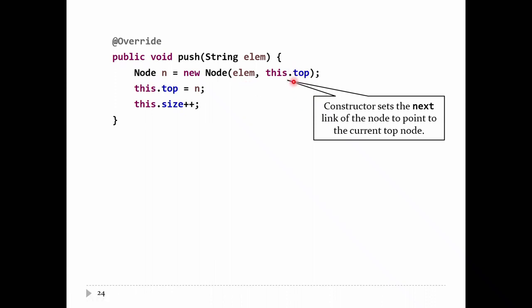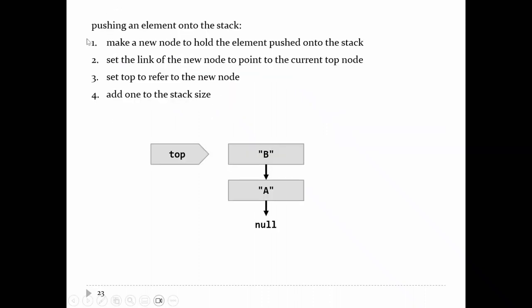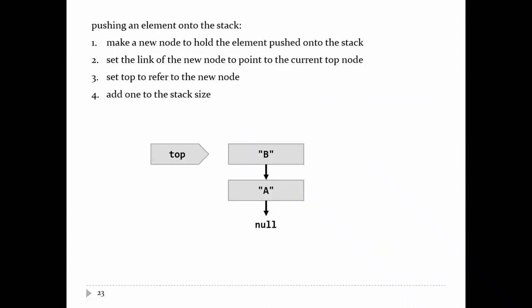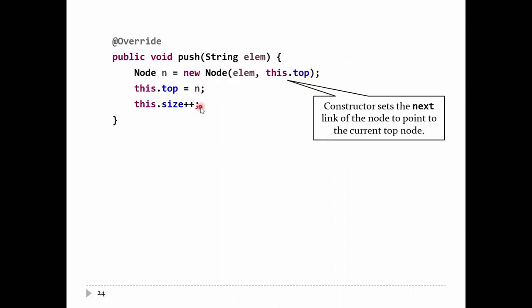It sets the link for the node to that. So I've got 1 and 2 all done in one line of code. Set top to refer to the new node. Well, that's easy. I made my node n, so this top is now n. Step 4, add 1 to the stack size. That's easy too. This size plus plus. And there's push in 3 lines of code.